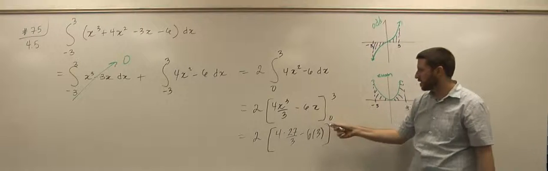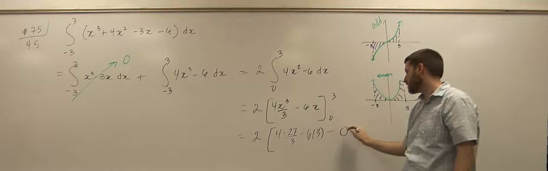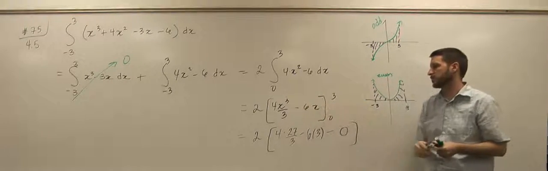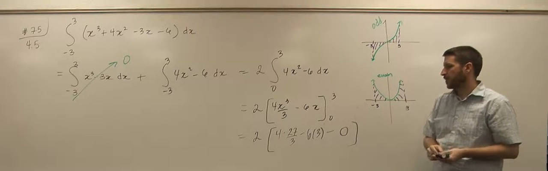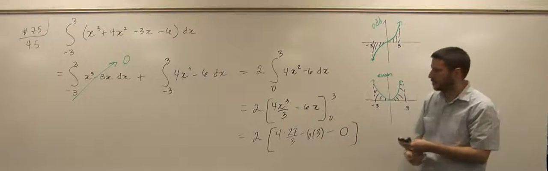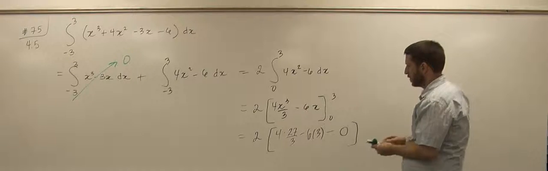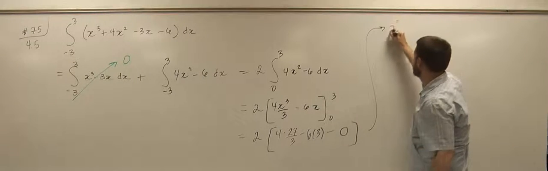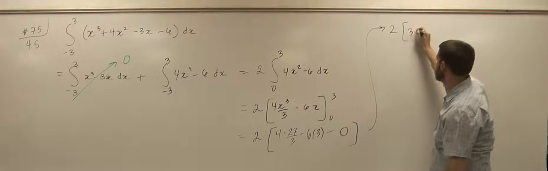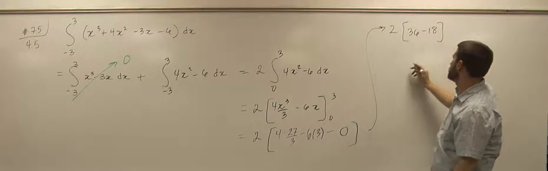And then I don't need to plug 0 in because when I plug 0 in, it just ends up giving me 0, because 0 cubed is 0, 0 times 6. So now I just have to calculate this out. 27 over 3 is 9. 4 times 9 is 36. Minus 18. So 2 times 18.